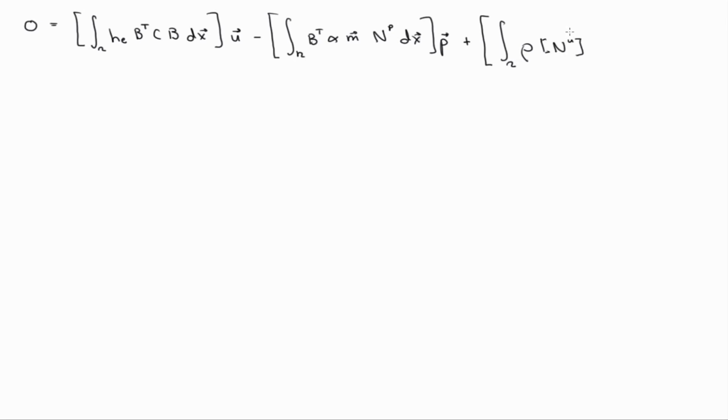So now I'm going to add the U superscript to the shape functions here. Of course, that's implicit in the B's, right? The B's are the derivatives of the U shape functions.